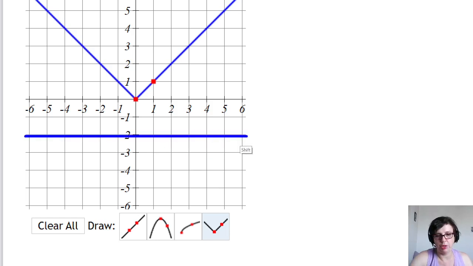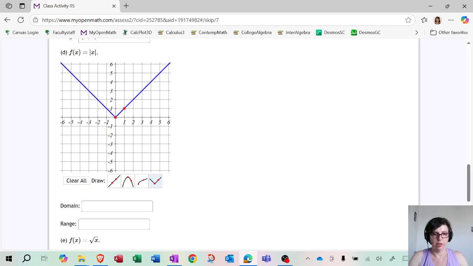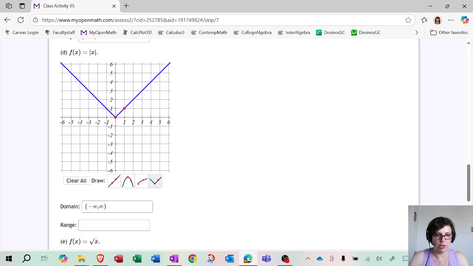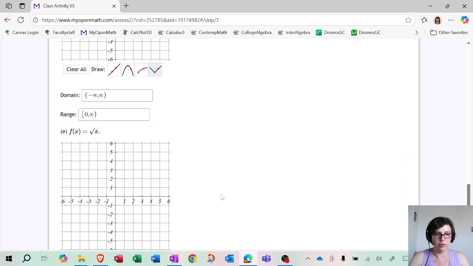There is no restriction. It just keeps going. Now, what about the range? Well, similarly, it's not there for negative values. It's only going to start at 0 and then go all the way up. So the domain is -infinity to infinity, and then the range starts at 0, goes to +infinity. Remember not to include infinity.